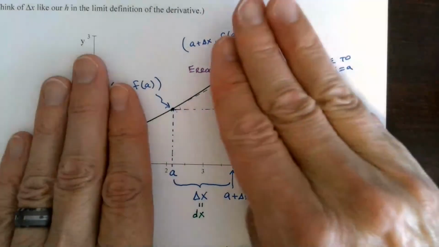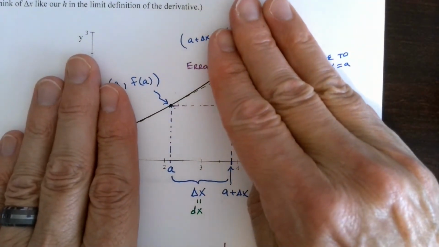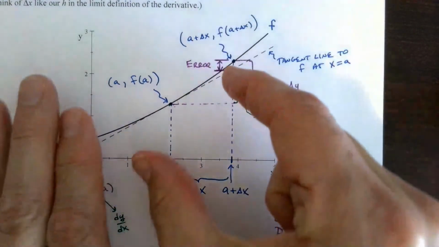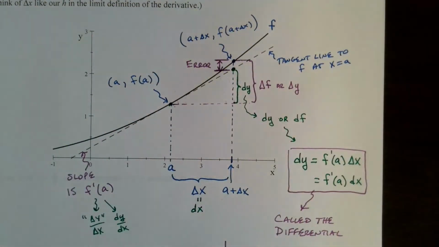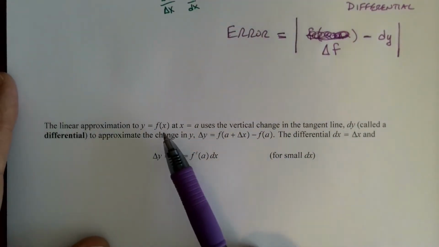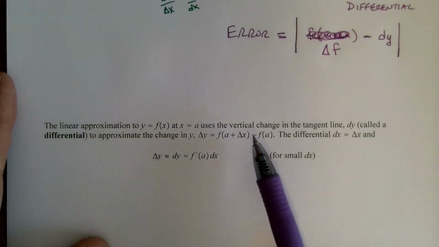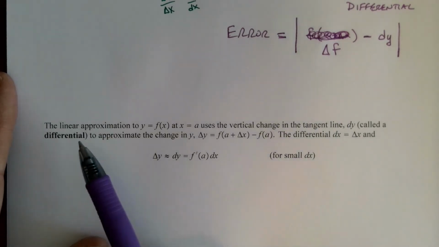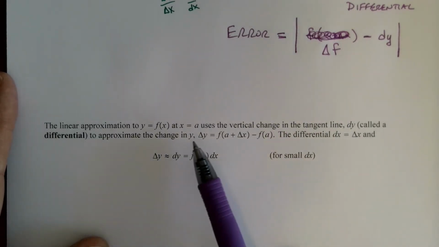But in an interval close to a, these two graphs, the function and the tangent line, almost look the same, don't they? So we're real close. That's the linear approximation we're talking about. And so, in summary, the linear approximation to the function y equals f of x at x equals a uses the vertical change in the tangent line, dy, called the differential, to approximate the change in y.